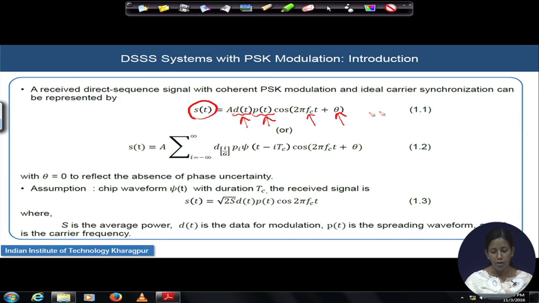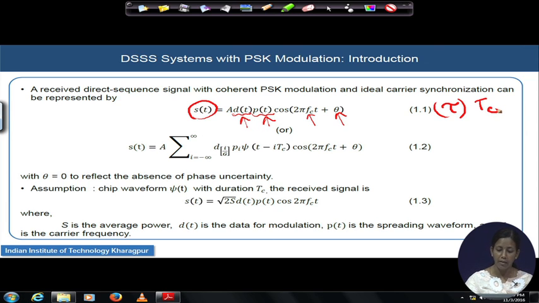Remember this equation 1.1 holds good if your delay τ, the autocorrelation delay, is exactly an integer multiple of the chip duration Tc.